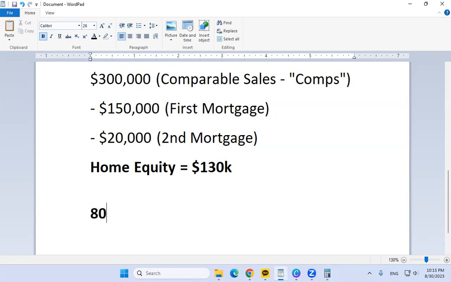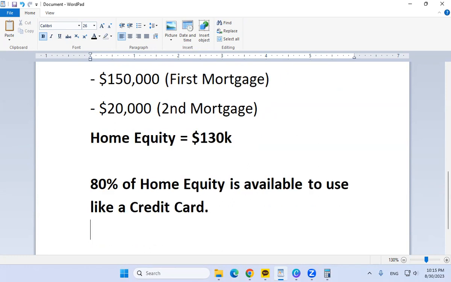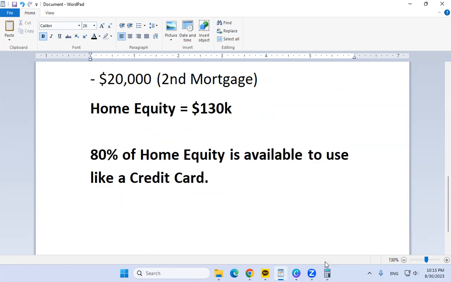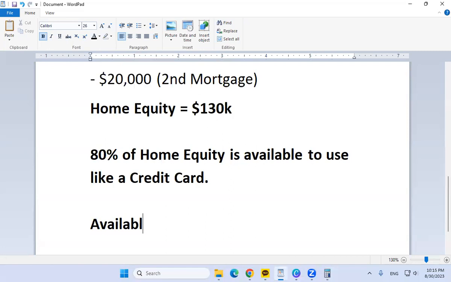So 80% of home equity is available to use like a credit card, right? So let me just calculate 80%. 130,000 times 0.8. So it's like having a credit card for $104,000 in this instance. So I'll just say available balance equals 104K, right?